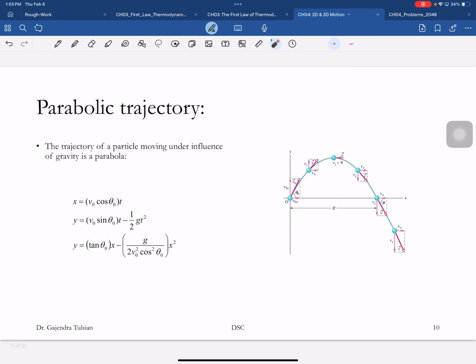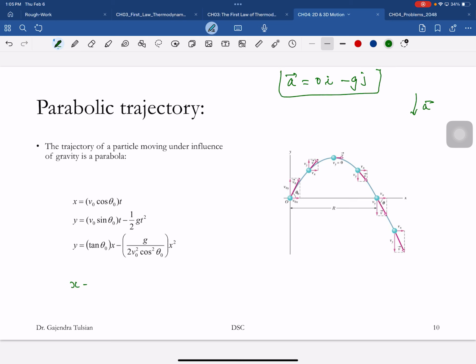All right, so let's do that. Again, in this coordinate system, what is the force acting on this object? Gravity, the force of gravity. And so the acceleration is this vector, 0i minus gj. So the x component of the acceleration is 0.